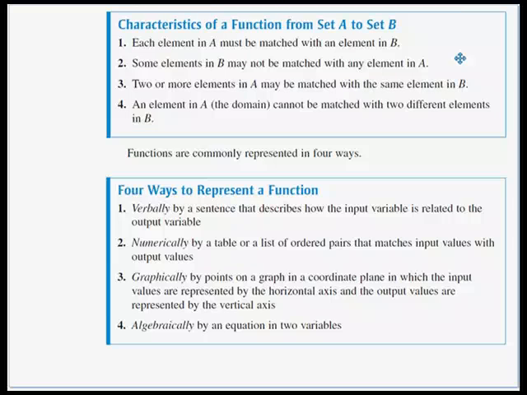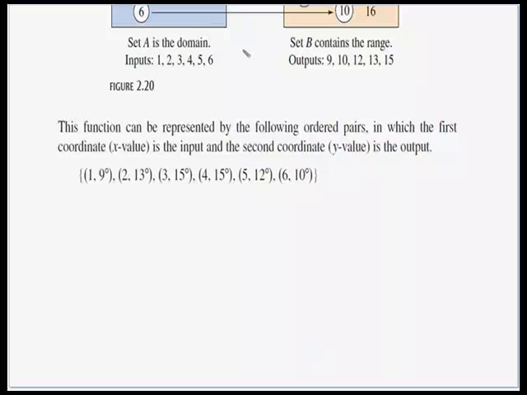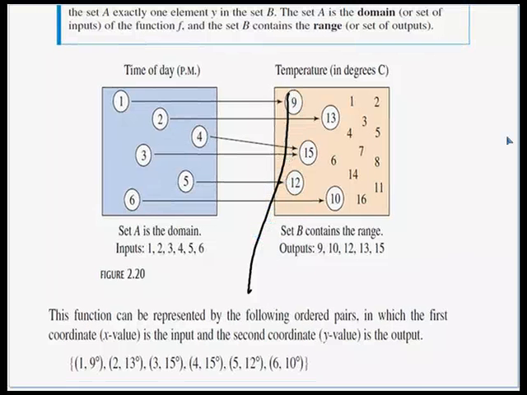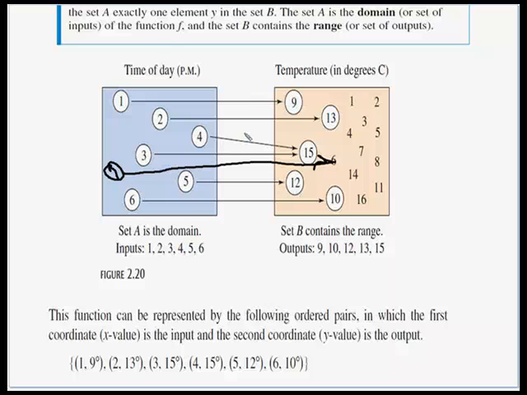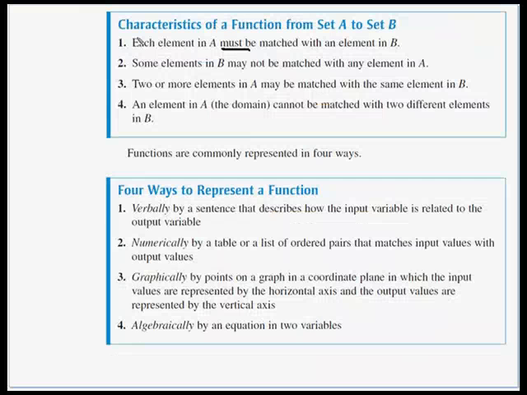So the characteristics of a function from set A to set B. Each element in A must be matched with an element of B. Notice again back to this picture. Let's say over here we had an open circle with a 7 in it, and that 7 was not paired up with a number in the range. That would also be a disqualifier and not a function.